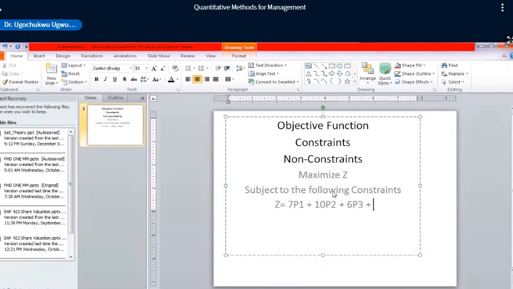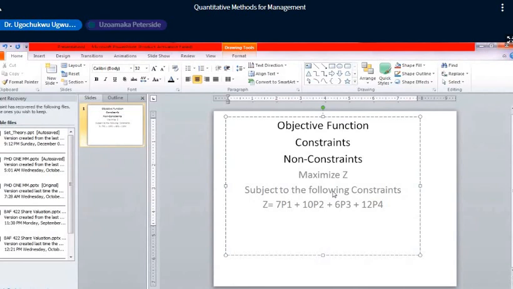Given each of these products, if you can sell P1 for 7, P2 for 10, P3 for 6, and P4 for 12 naira, you will be able to maximize your profit. Now, this becomes your objective function.